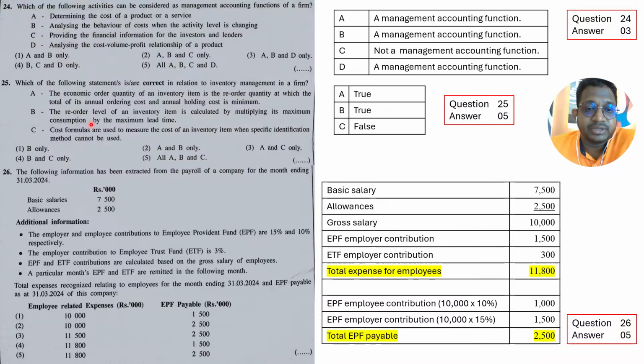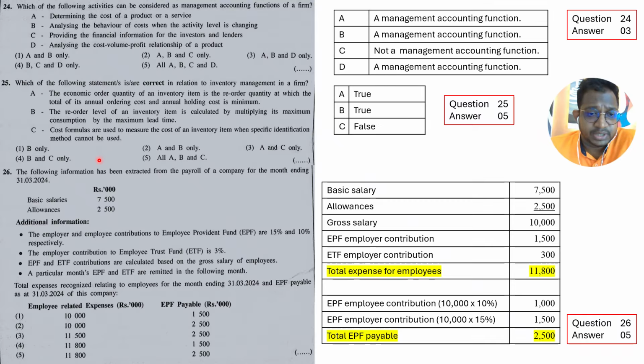The reorder level of the inventory item is calculated by multiplying the maximum consumption into maximum lead time, you are getting the reorder level. Cost formulas are used to measure the cost of the inventory item when the specific identification method cannot be used. Even now, you have to use either the FIFO method or the weighted average method to find out the closing stock, right?